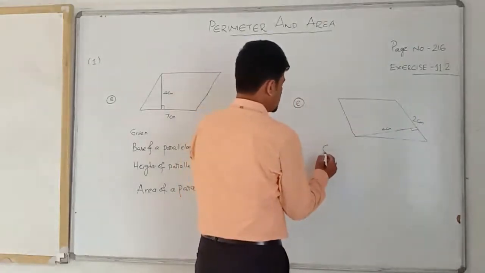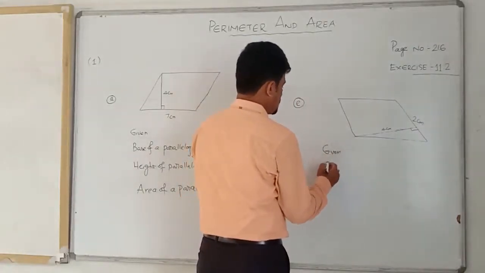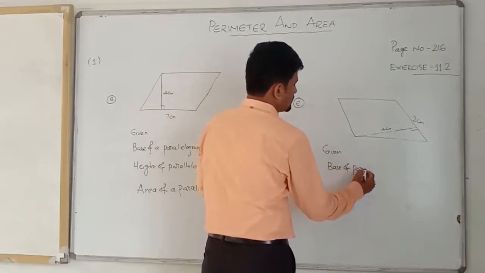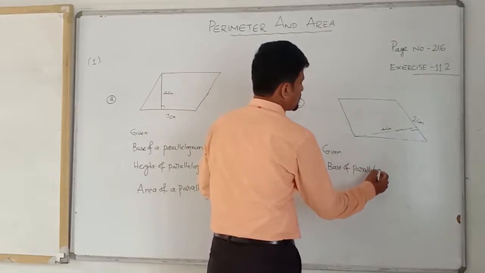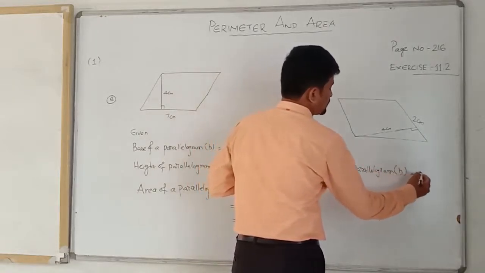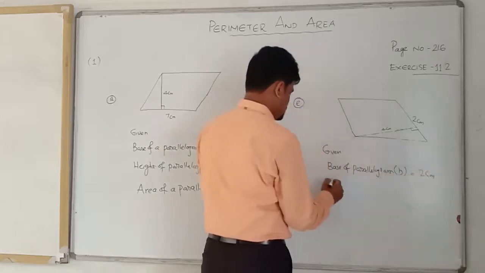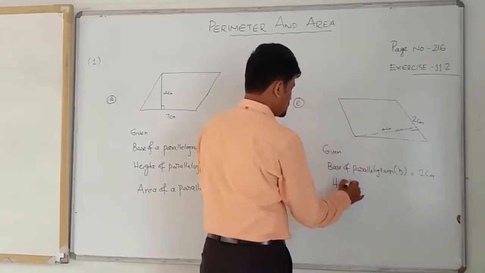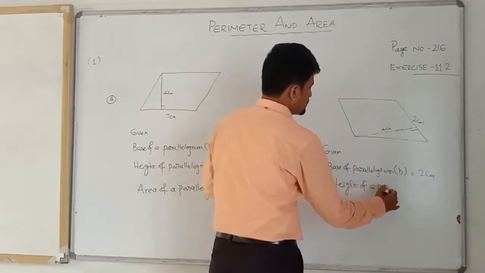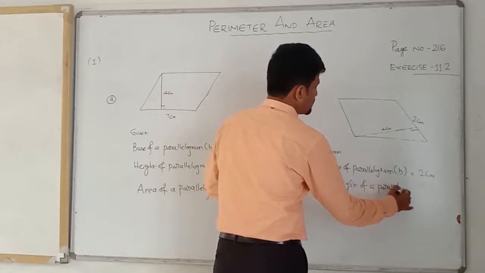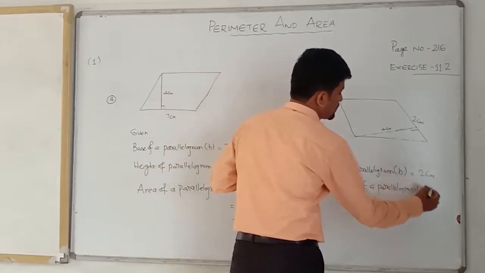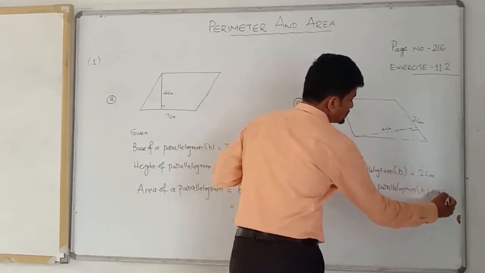Therefore, given: base of a parallelogram is 2 centimeters, height of a parallelogram is 4 centimeters.